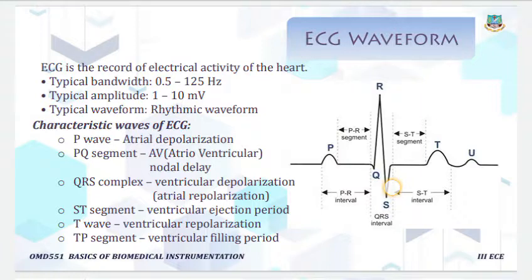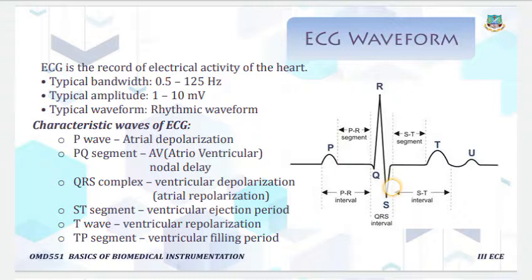The right atrium receives the blood from the veins and pumps it to the right ventricle, and the right ventricle pumps blood into the lungs, where it is purified and oxygenated.